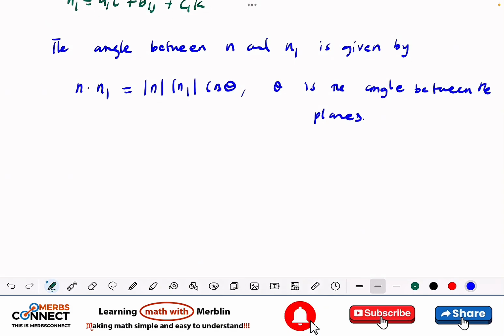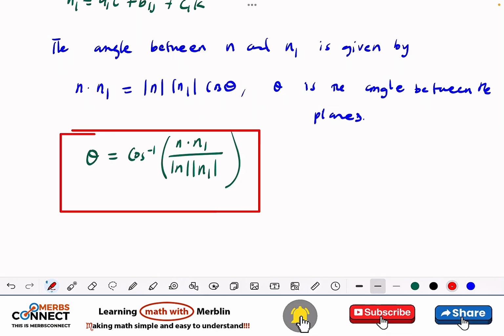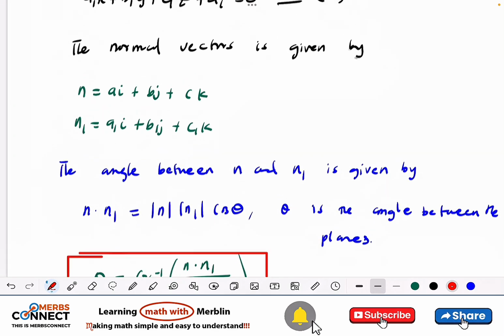So here, when I make theta the subject, you know that definitely I'm going to have theta equal to cos inverse of n dot n1 divided by magnitude of n, magnitude of n1. So this is what I'm going to get for finding my angle. Yes. So yeah, this is what you just need to do.